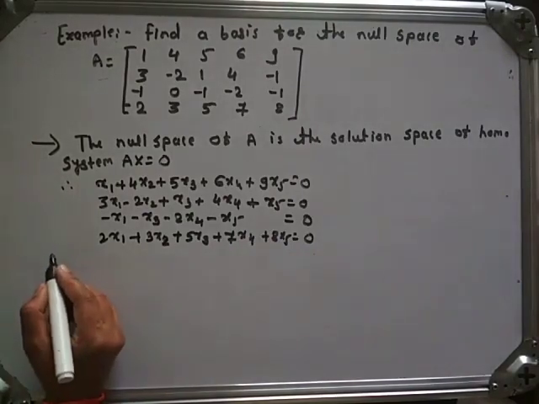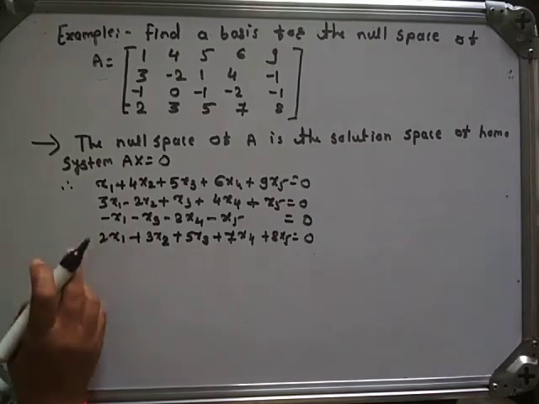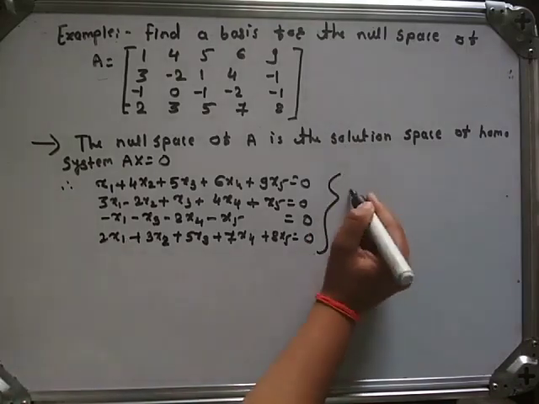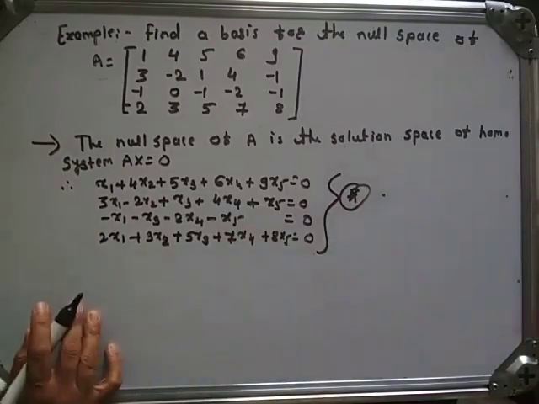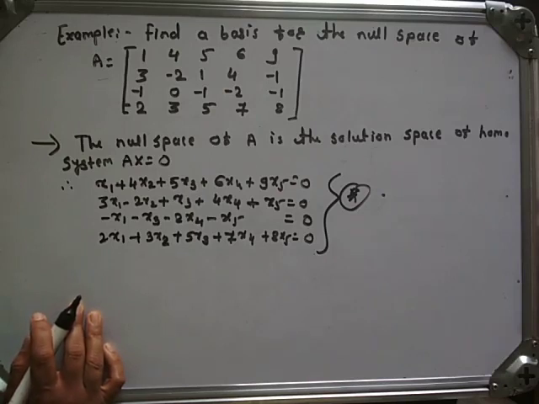Okay. To obtain the solution of this, suppose we call this system star, we reduce the coefficient matrix A to reduced row echelon form. Okay.